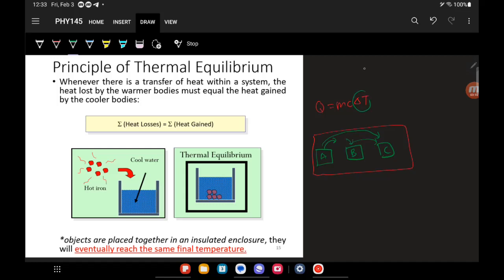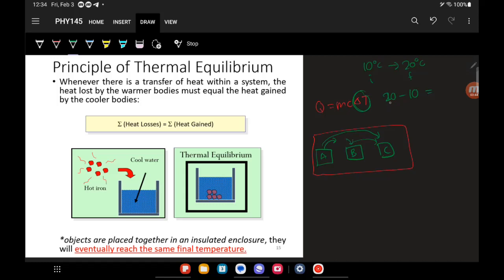Let's say from 10 degrees Celsius to 20 degrees Celsius. So this is final, this is initial. If we do the maths for this change in temperature, because the mass and the specific heat capacity will always be positive, the change in temperature depends on final minus initial. In this case, our final minus initial will be 20 minus 10. Then you will see that this object will receive energy. It will gain energy.